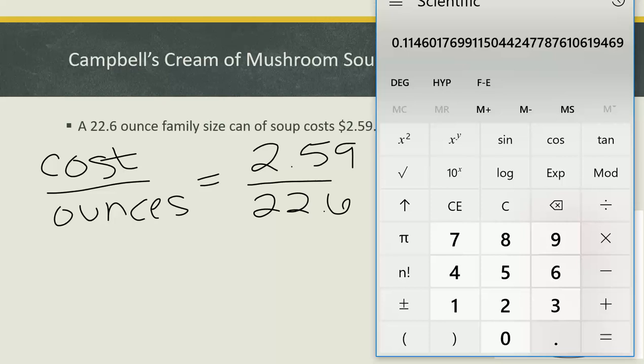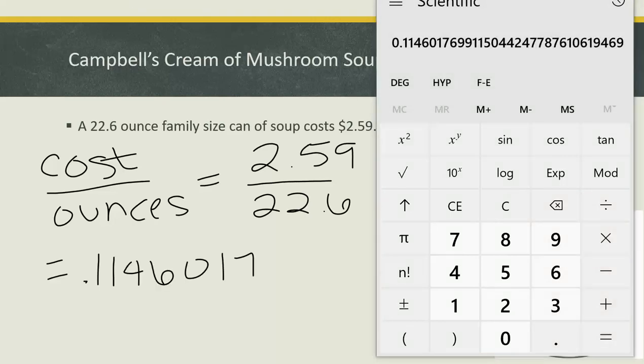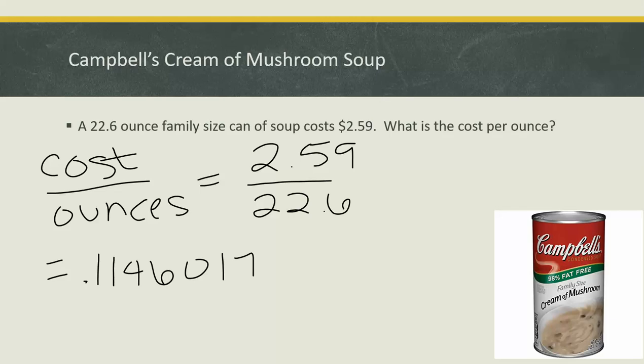Okay, I'm going to write that down a little bit longer, and then we'll decide how to round it. So I wrote down some extra digits, 0.1146017, but now I'm going to round it to the hundredth place. The hundredth place is the second number. It's a 1.